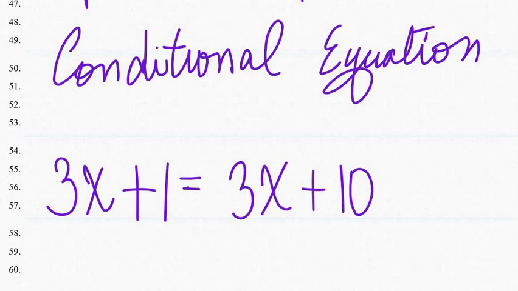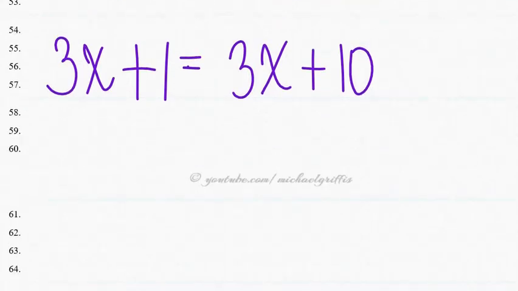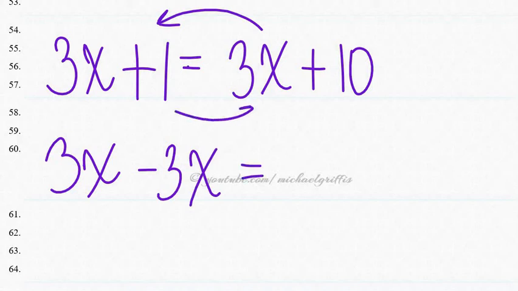This equation has no solution. If we try to solve for x, which we're going to attempt to do, we can see what happens. Let's subtract 3x from both sides, or think about taking that over there to the left. And now let's take this 1 over to the right, or we say subtract 1 from both sides.